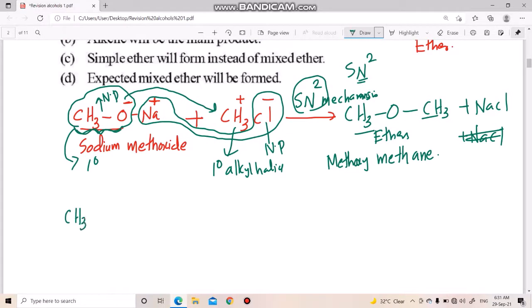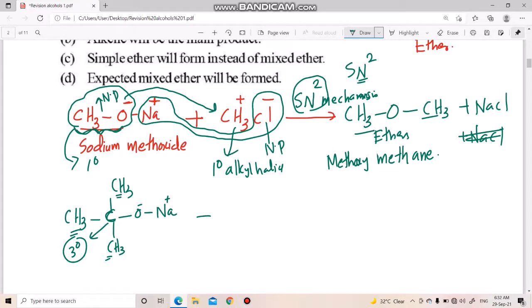Take a tertiary one, (CH3)3C-ONa. See, the carbon is attached to three alkyl groups, so this is a tertiary carbon, with O negative and Na plus.